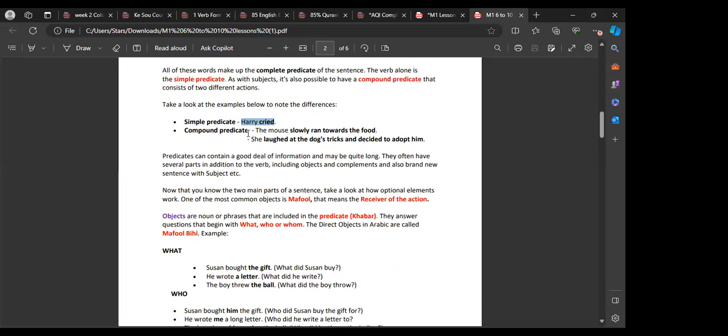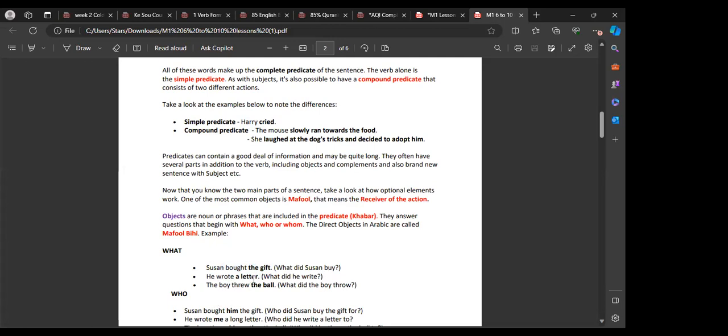It's complete. It gives you the meaning. If we were to just say Susan bought, and we put a full stop after bought, the sentence would be incorrect because we don't have a meaning from that sentence. Susan bought what? It's incomplete. So there are certain verbs that need an object and certain verbs that don't. So for example, Susan bought, you need an object. Susan bought the gift. What did Susan buy? Susan bought the gift.